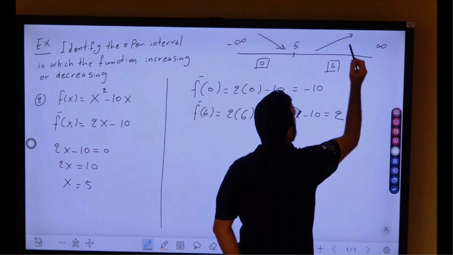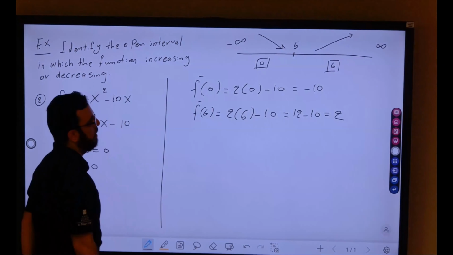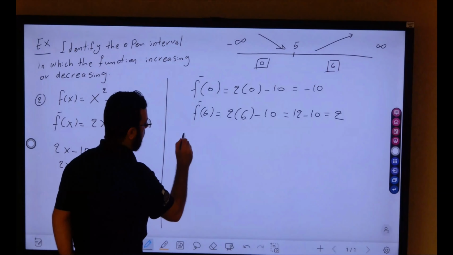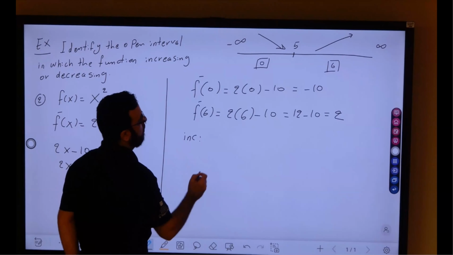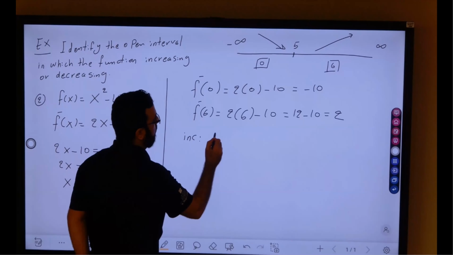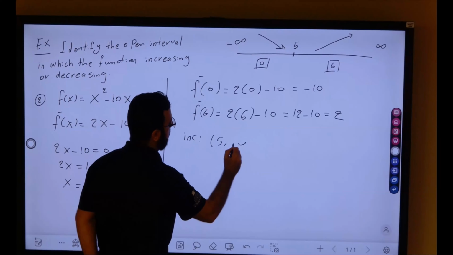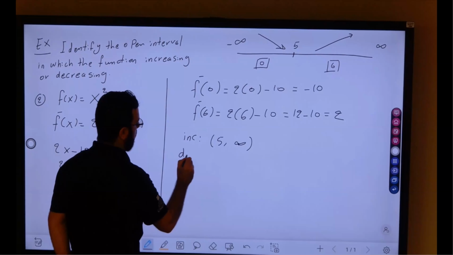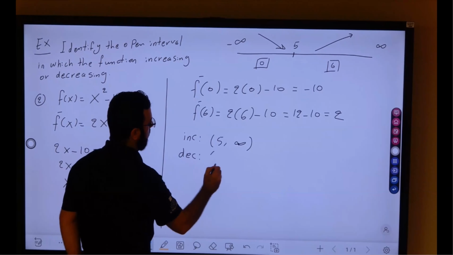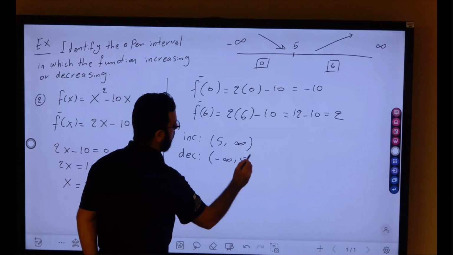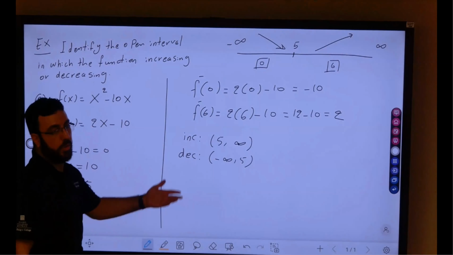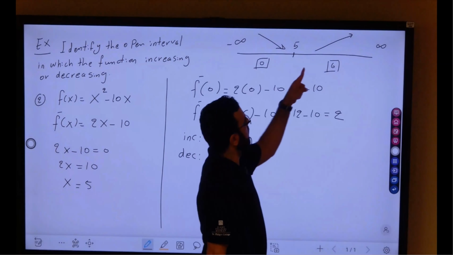That means on this side it is increasing. So we have the increasing interval, which is from 5 to infinity. Decreasing is going to be from negative infinity to 5. It's also a relative minimum, so decreasing and increasing.